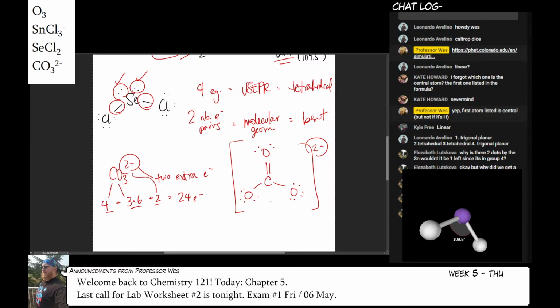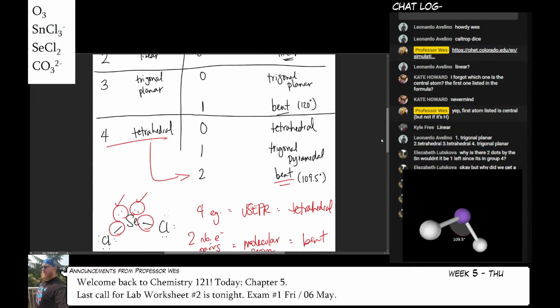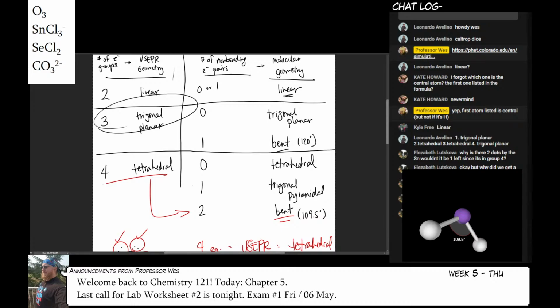All right, so for carbonate here, if I count electron groups, I've got to change my ink color here. 1, 2, 3 groups. 3 electron groups. So the VSEPR geometry will be trigonal planar, because that's what 3 groups is.